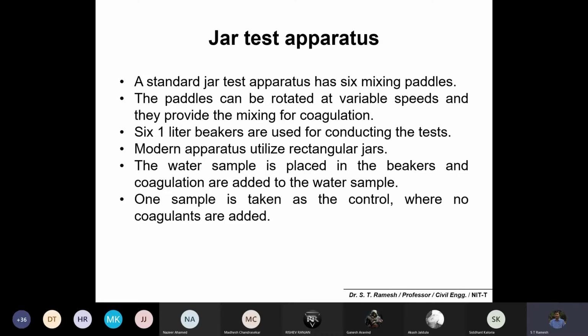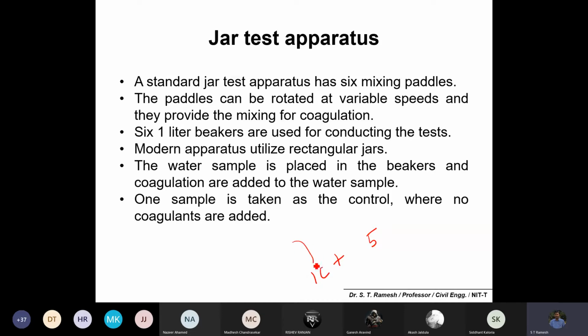You can take up 6 samples at a time with 1 liter beakers, and you can also use rectangular jars with the modern apparatus. You can also use one sample as a control, without any coagulants. So 5 samples plus 1 control.